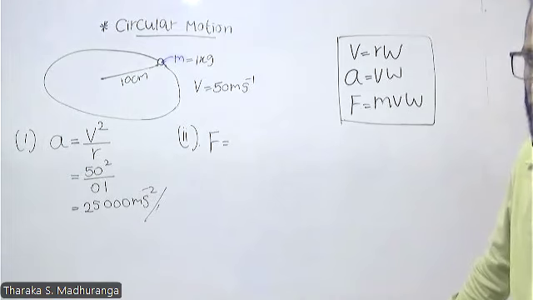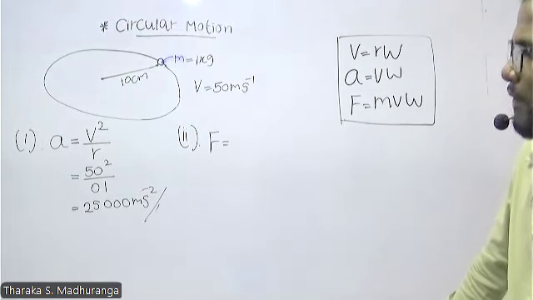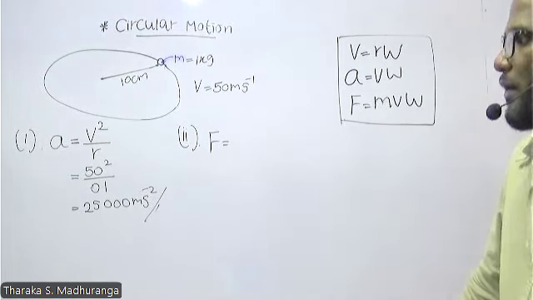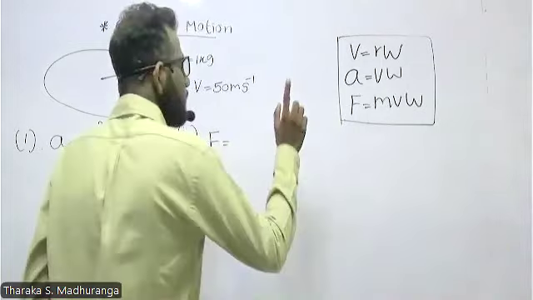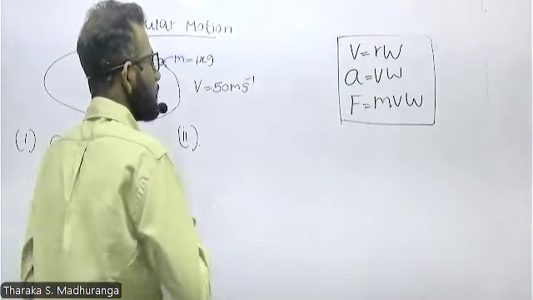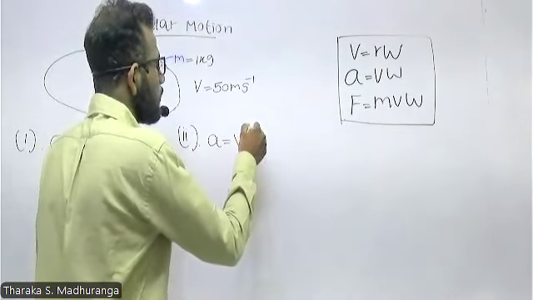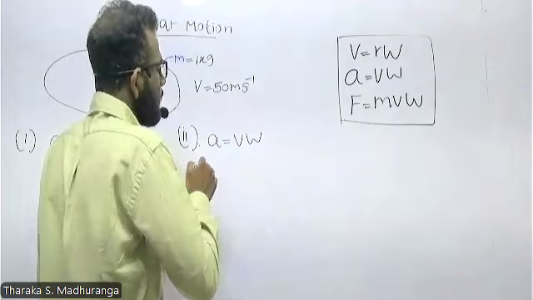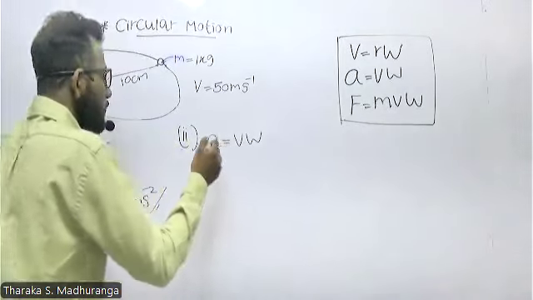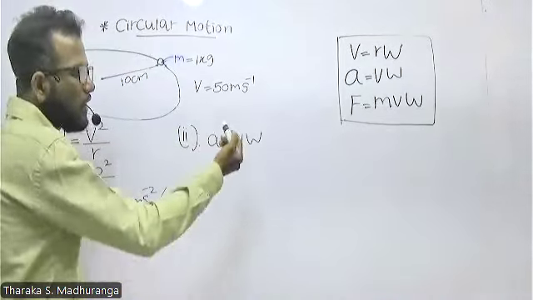How to do? Our basic equation is A equal v omega. A and v we already know now, then we can get the omega.